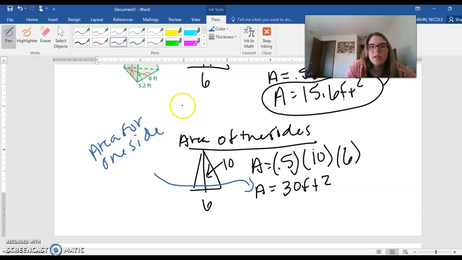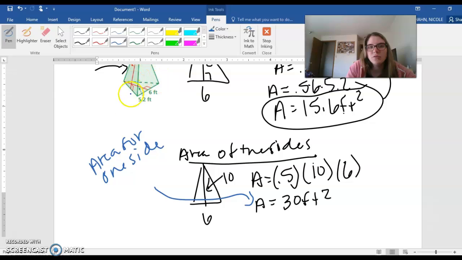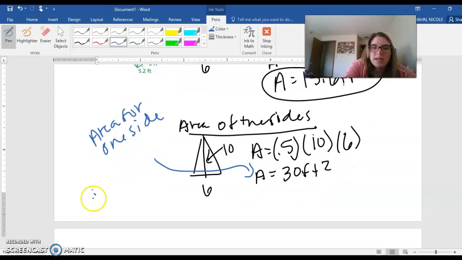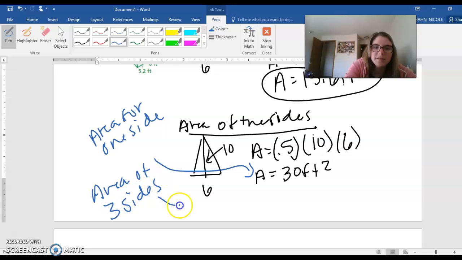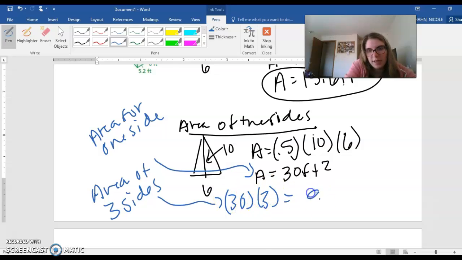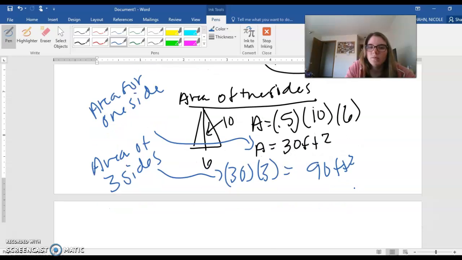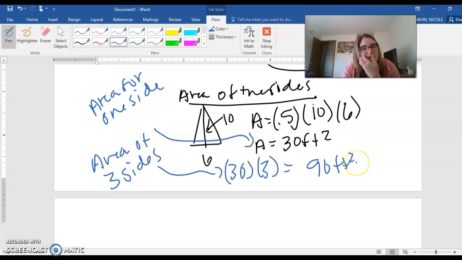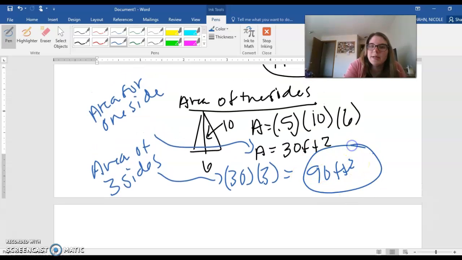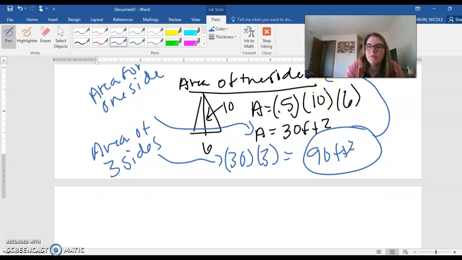Okay, so if I look up here, this thing has 3 sides. So the area of the 3 sides altogether would be 30 times 3, which is going to give me 90 feet squared. So this is my area of the sides, and the area of the base was 15.6.